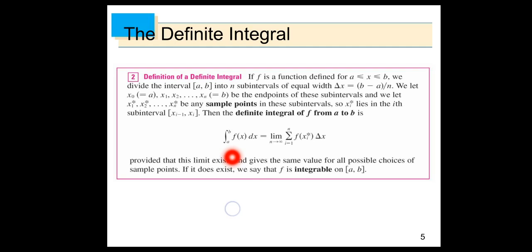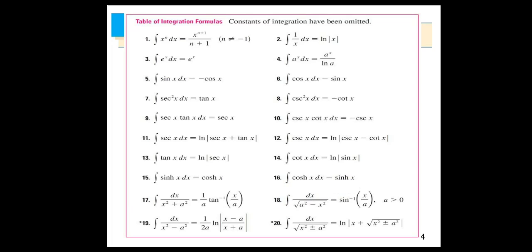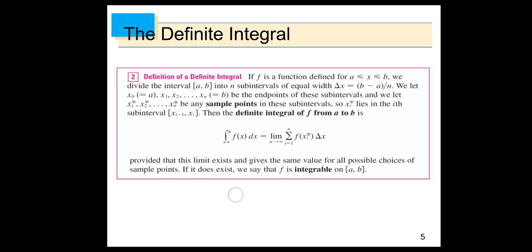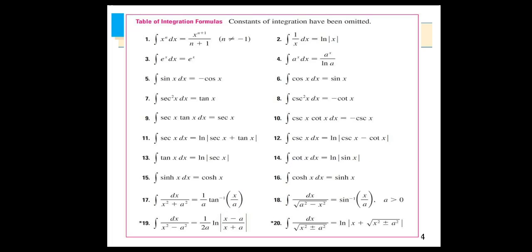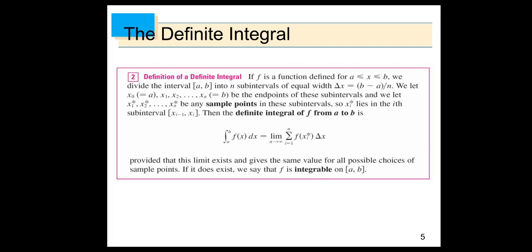Actually we'll just find the width of one particular subinterval, then we will add all those subintervals and we'll find the area under that particular curve, right? So you can see over here we have this formula for definite integrals, right? It says integral a to b f of x dx, right?